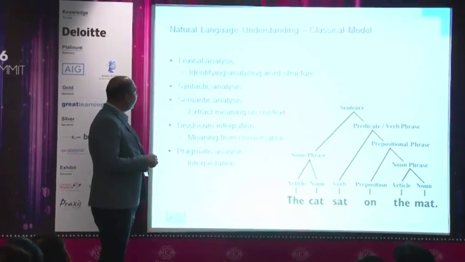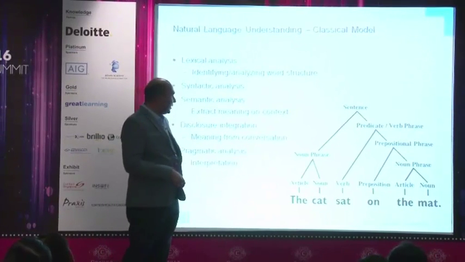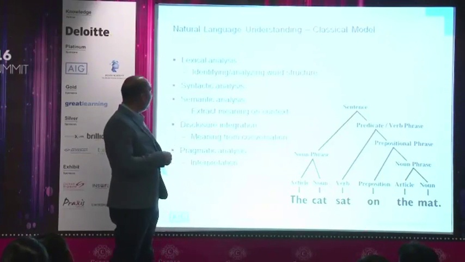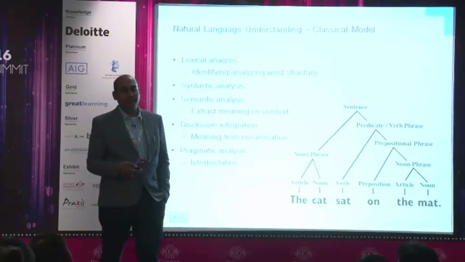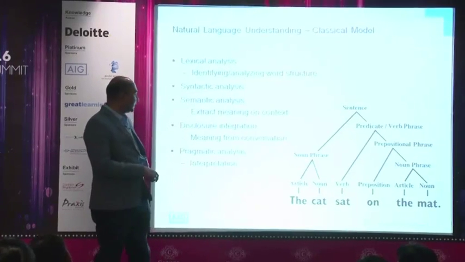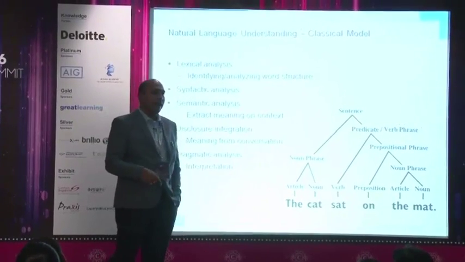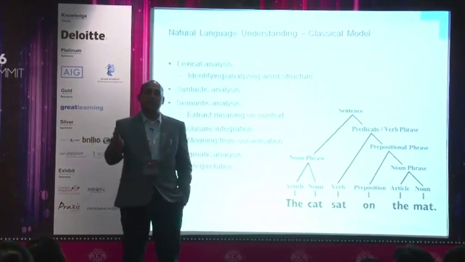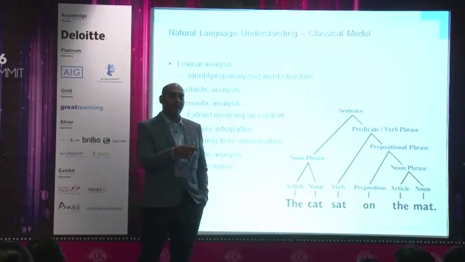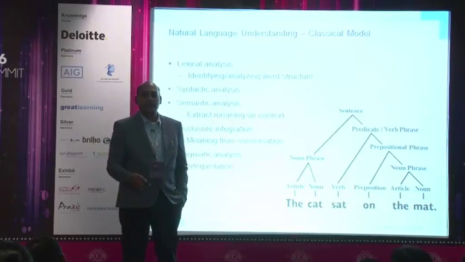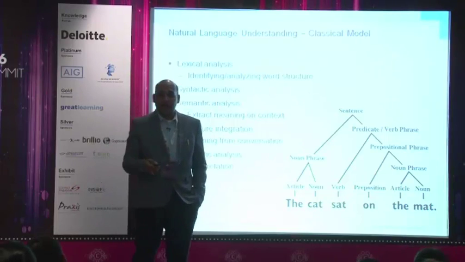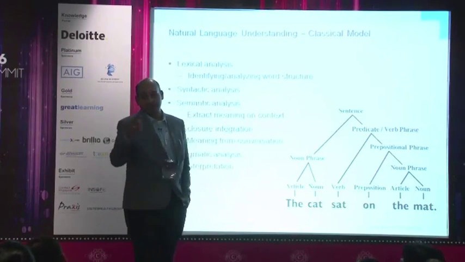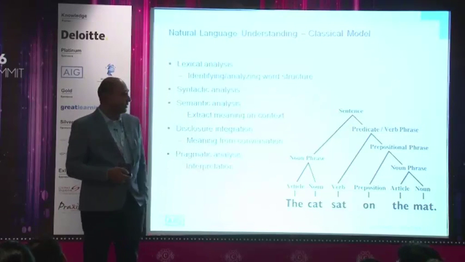So lexical analysis, for example, is identifying and analyzing word structure. I have the word sat, for example, right? I can have sat, sitting, sit, and all sorts of those things, and I root it down or lemmatize it down to sit, and then I increase my word transition probabilities, and so I don't need as many feature vectors, right?